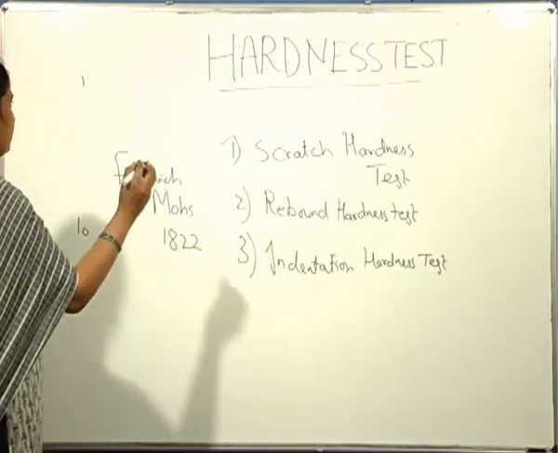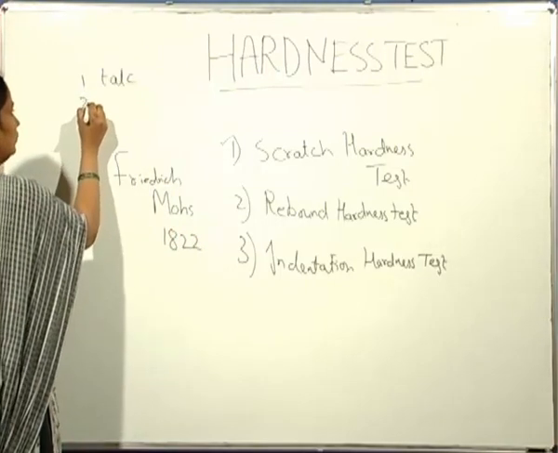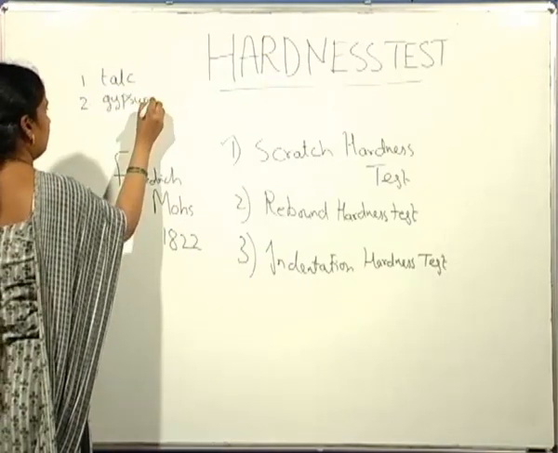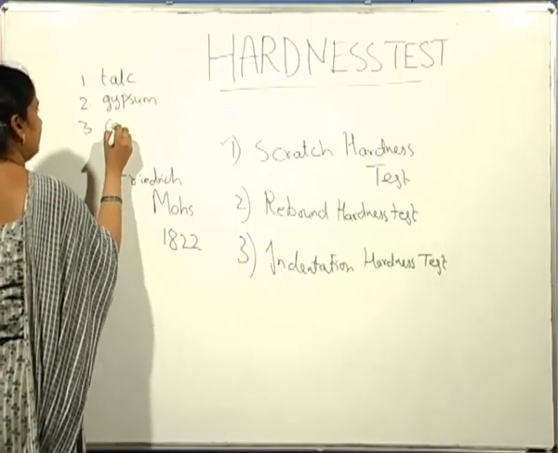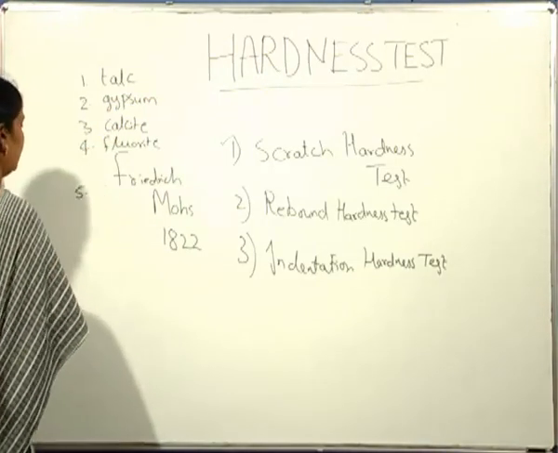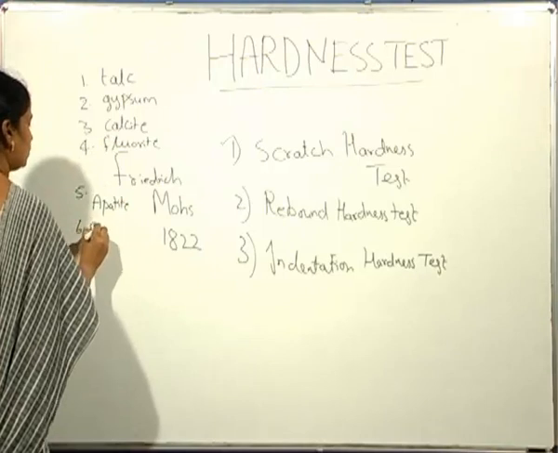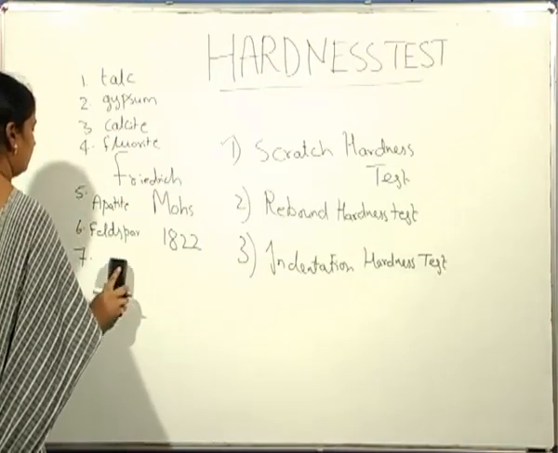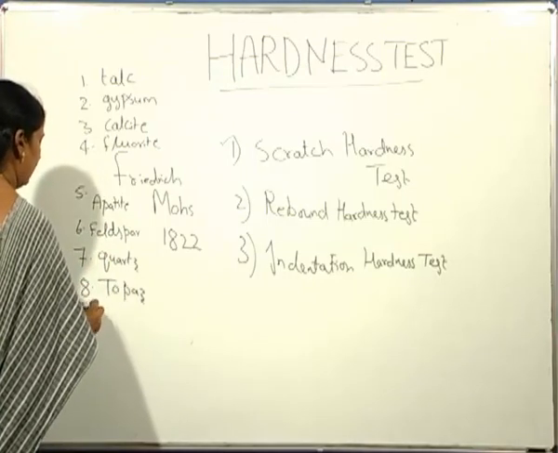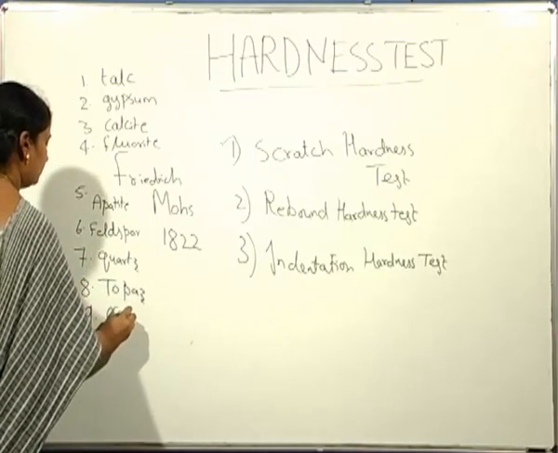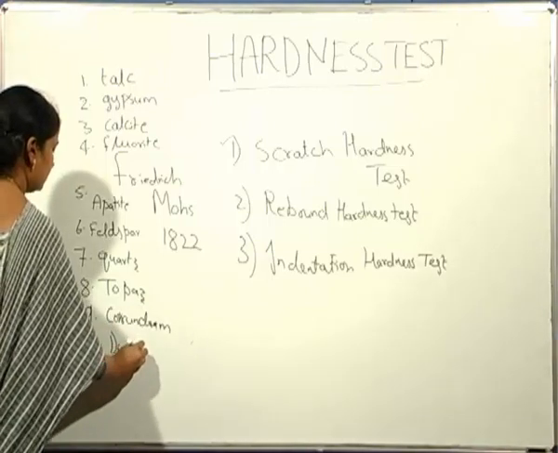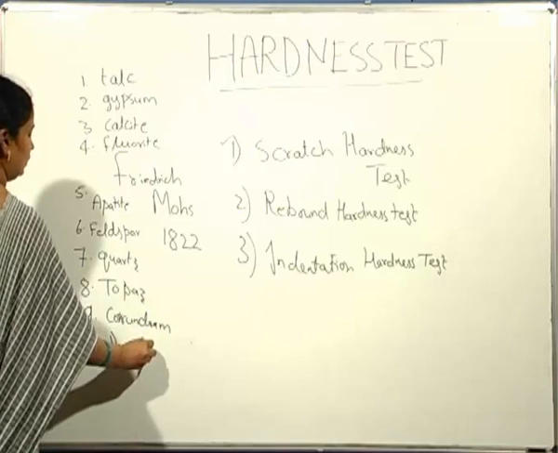So 1 stands for talc, rank 2 stands for gypsum, 3 calcite, 4 fluorite, 5 apatite, 6 feldspar, 7 quartz, 8 topaz, 9 corundum, and 10 diamond. This is the hardest known material to man.